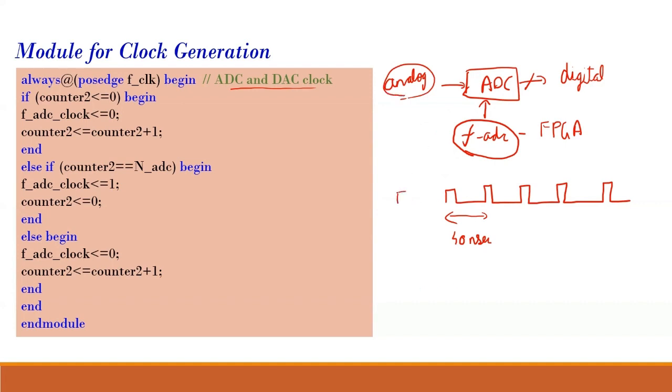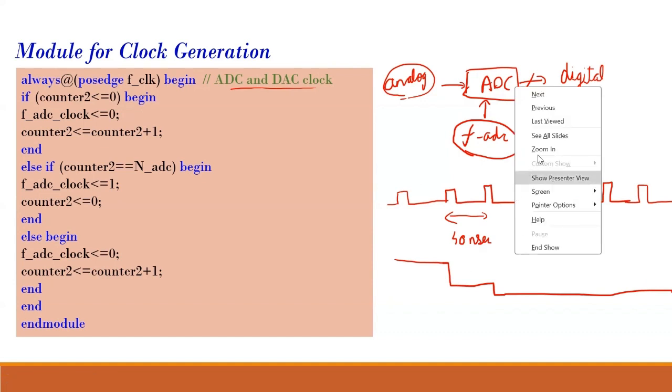Let me draw more. Assume this analog signal is actually analog, so it will be continuous.